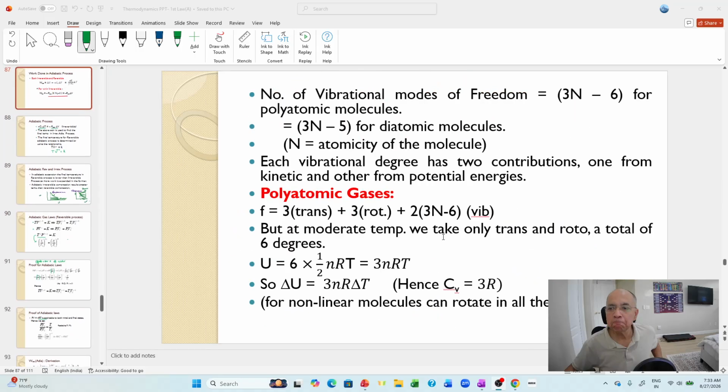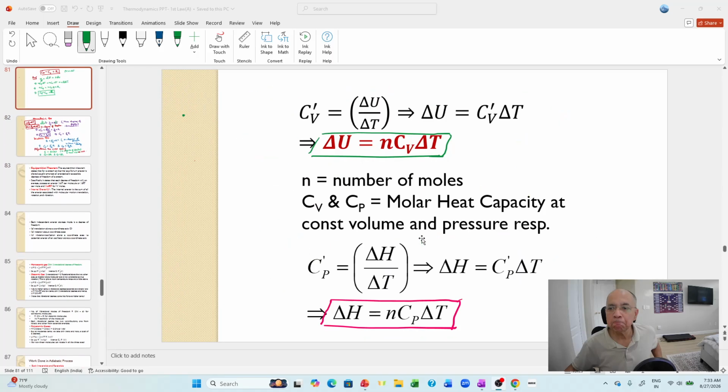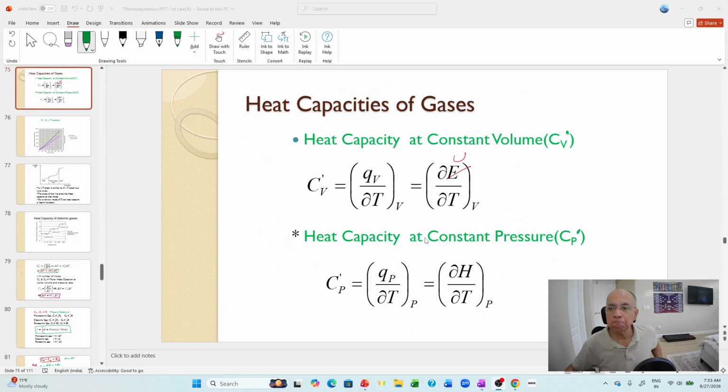Now tell me, if you remember, what is the meaning of enthalpy change? Yes, you can write down what is the meaning of enthalpy change.